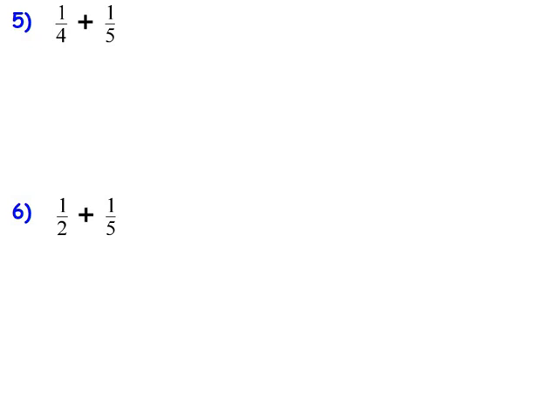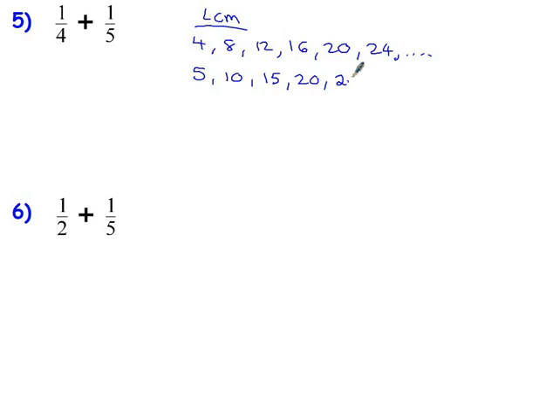Again, denominators are different, so we need to find the lowest common multiple. So we start by writing out the 4 times table. 4, 8, 12, 16, 20, 24, etc. And the 5 times table. 5, 10, 15, 20, 25, etc. And the first number that's in the top list and the bottom list is 20.